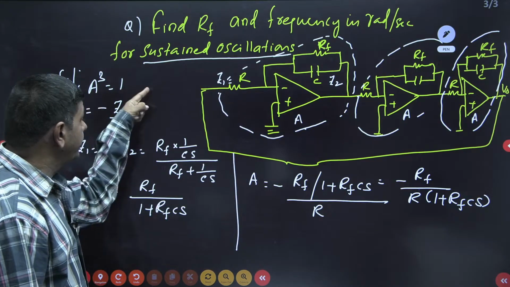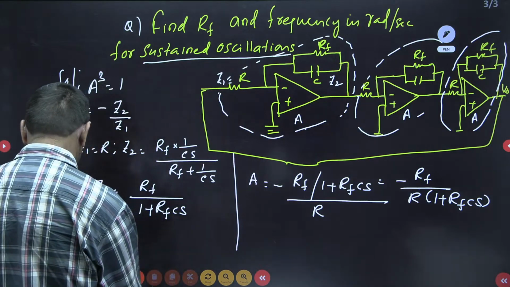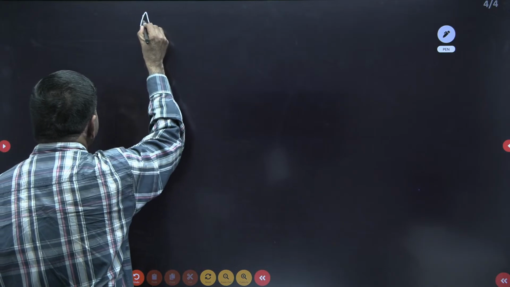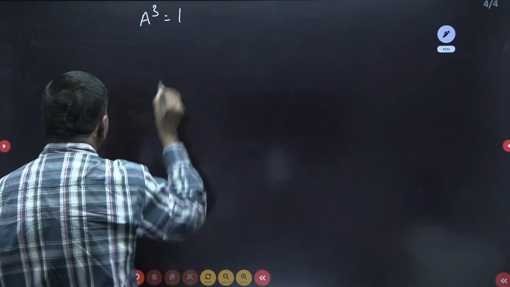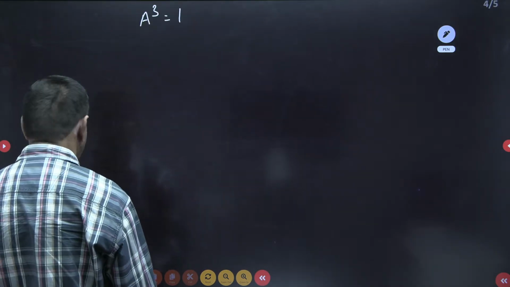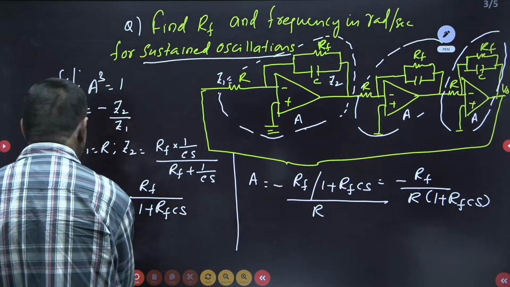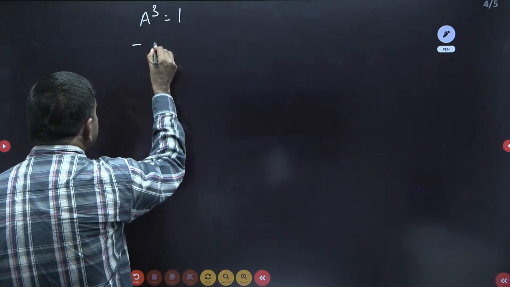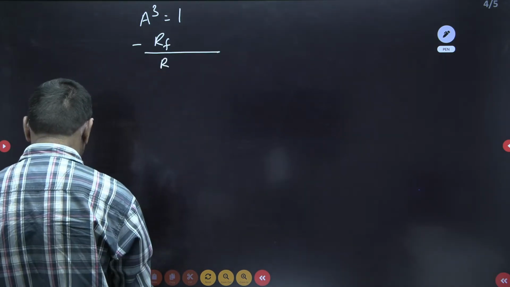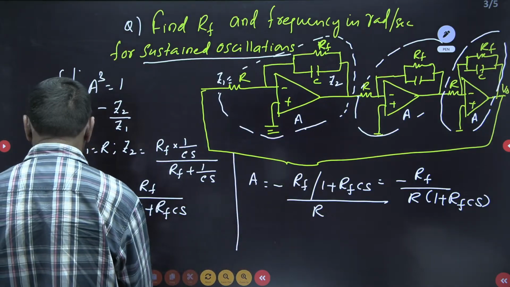A cube equals 1 is given; I will write it on the next page. I am getting the total loop gain as A cube equal to 1. What is A? We got A equal to minus RF by R into 1 plus RF Cs.